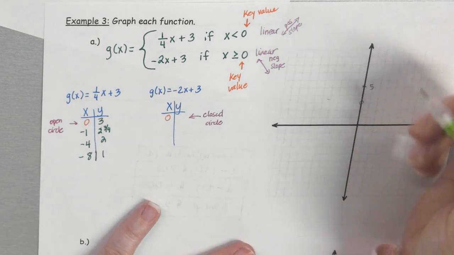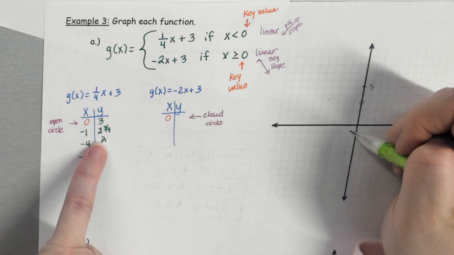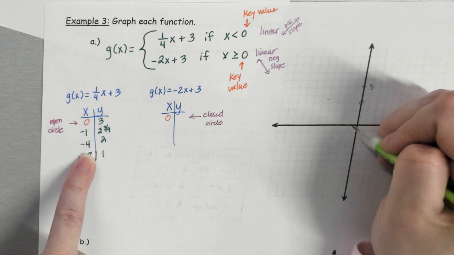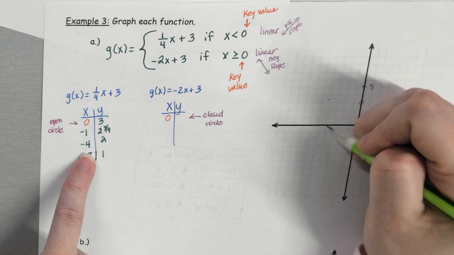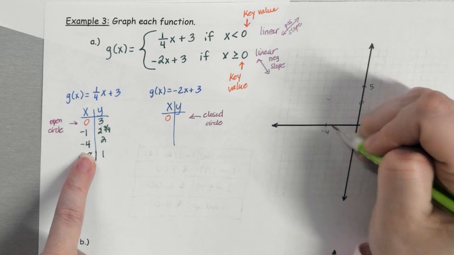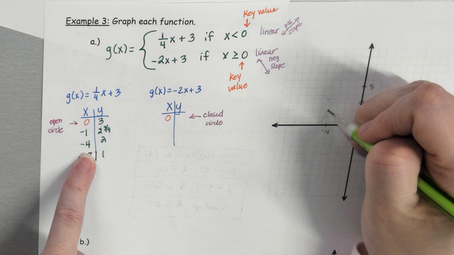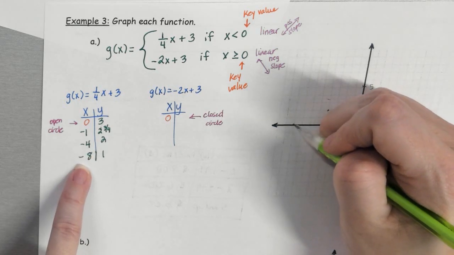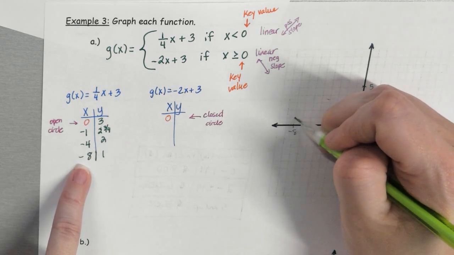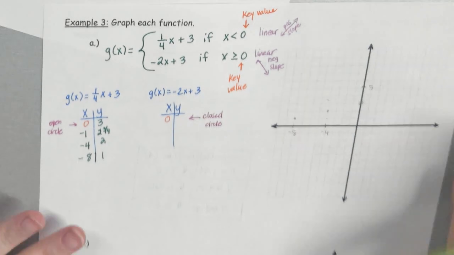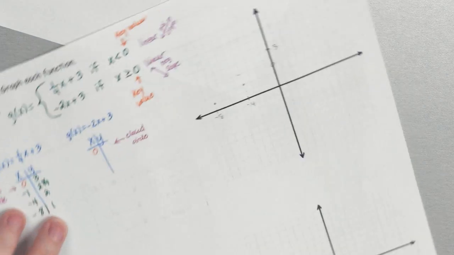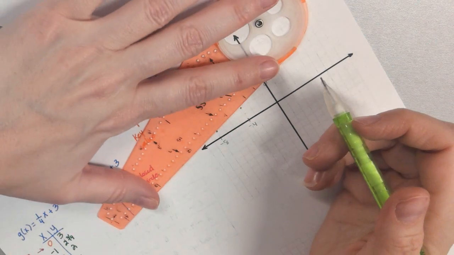All right, and then -1, the 2 and 3/4, that's an estimation, so I'm going to focus on these. 1, 2, 3, 4. So at -4, I'm at 2, and at -8, I'm at 1. And this is where your straight edge is going to come in. So your straight edge is what's going to help you span the entire graph.